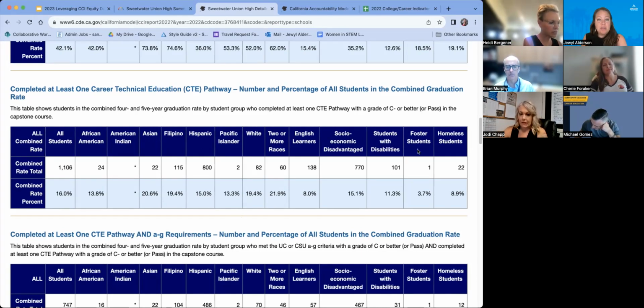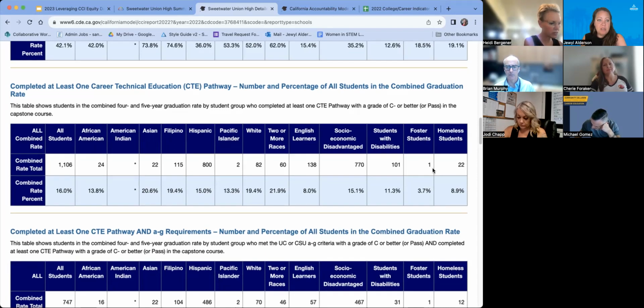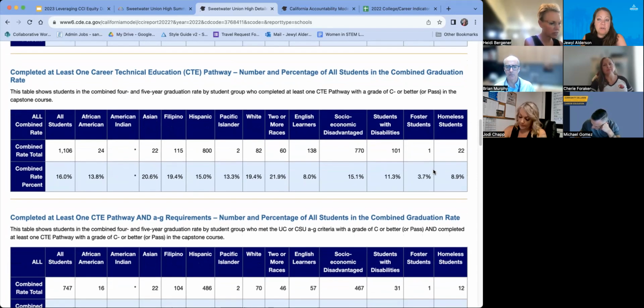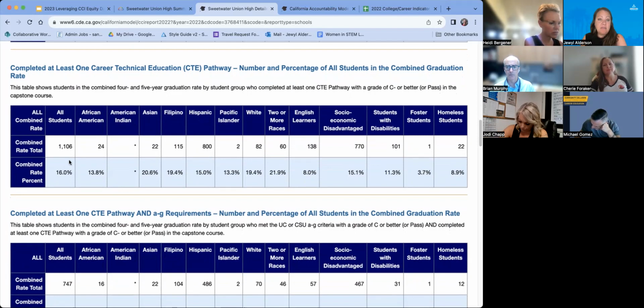And so as you're thinking about your application, this data can be really helpful in better identifying which populations are not accessing CTE at the same rate as their colleagues. And as I showed you earlier, that data where you saw how many students do so much better, or their graduation rates are so much more improved.